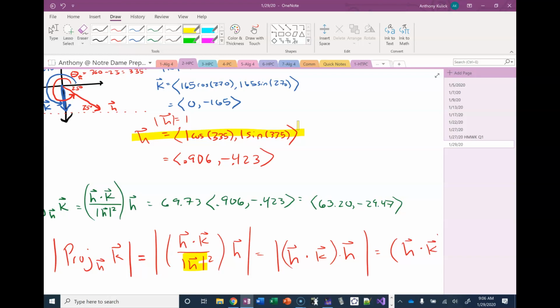One, right? So this is my vector whose terminal point is on the unit circle. It's got to have a length of 1, right?